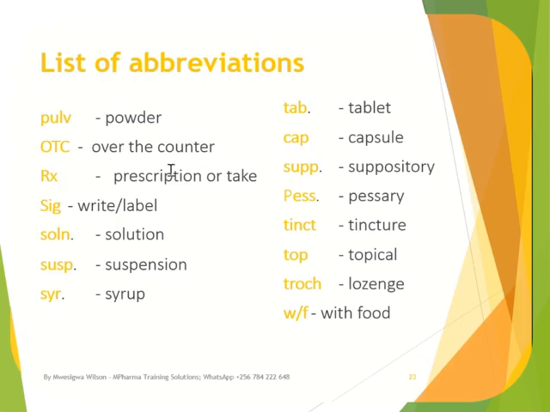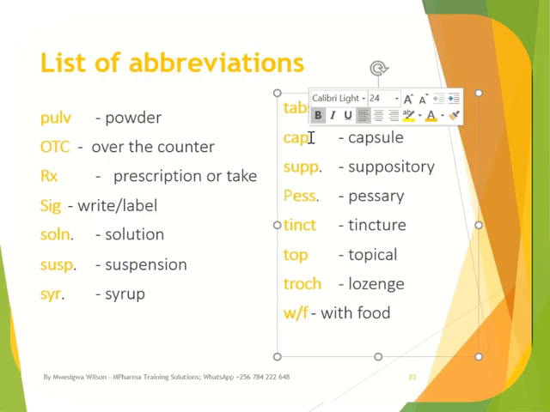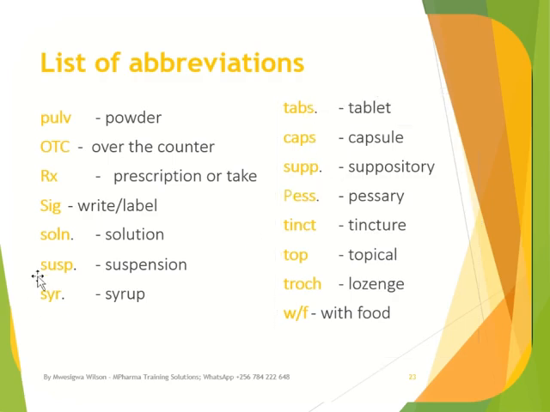OTC, we saw this one earlier; Rx; solution, suspension, syrup. Tab means a tablet, capsule. Suppository, pessary, tincture, topical, troche, a lozenge, with food.